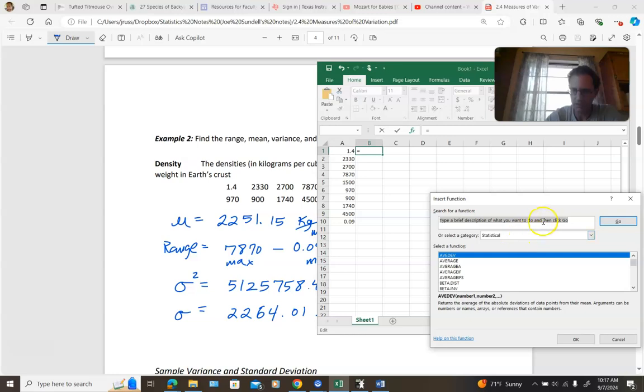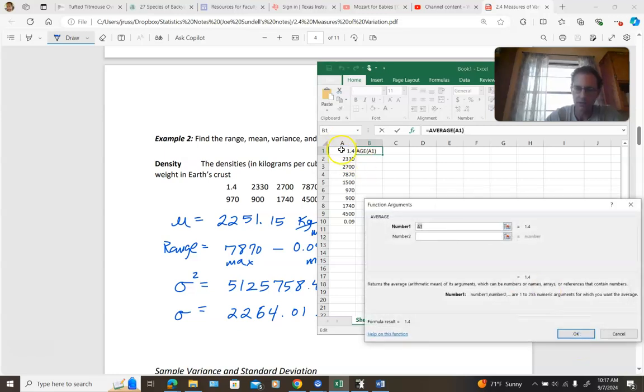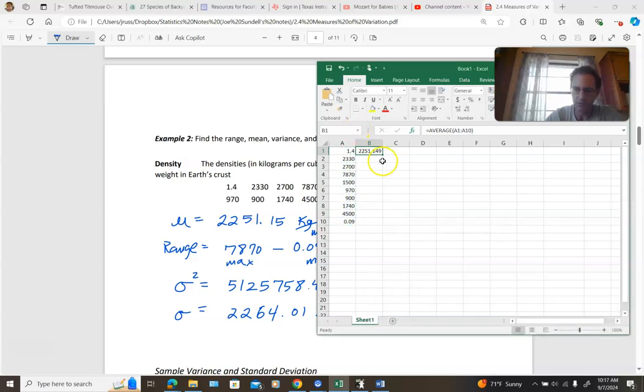Make sure you have this set to statistical. Oh, wait. Yeah, remember, it doesn't give the mean, it has listed the average. And then you just drag over the cells that contain your data, and you enter. And so this is what we get. And notice this agrees with what we got with the calculator.